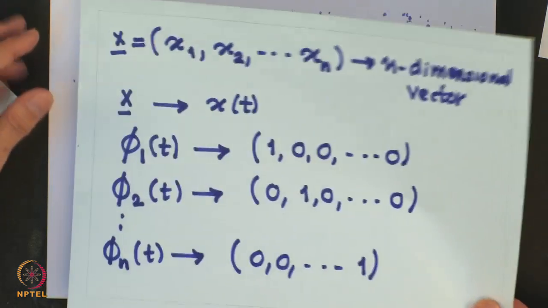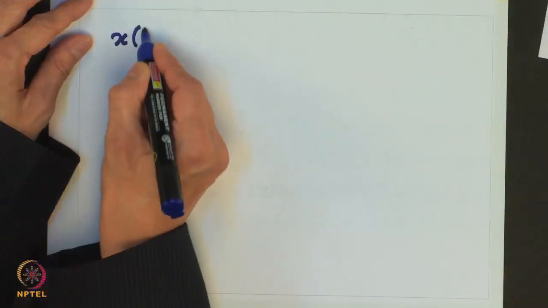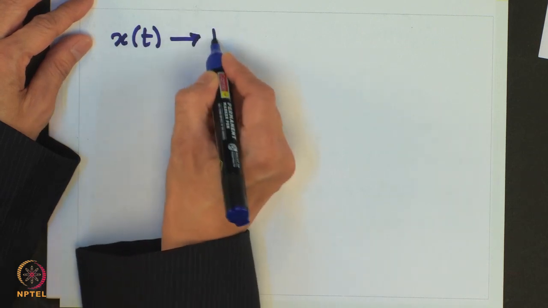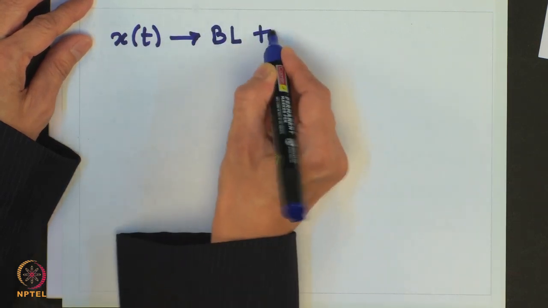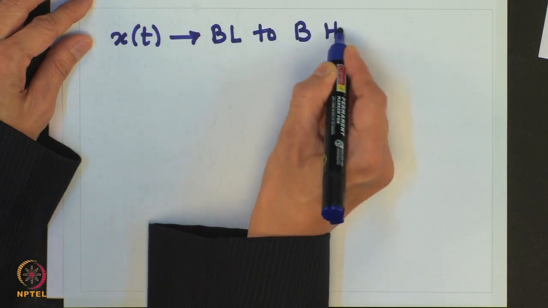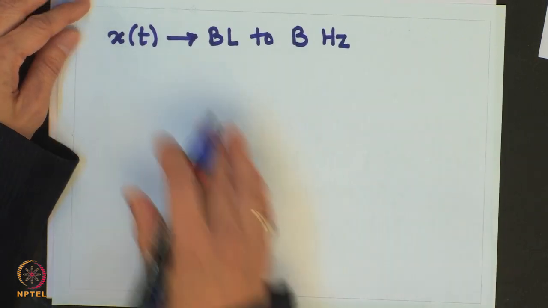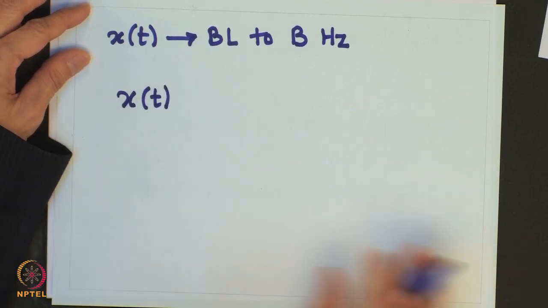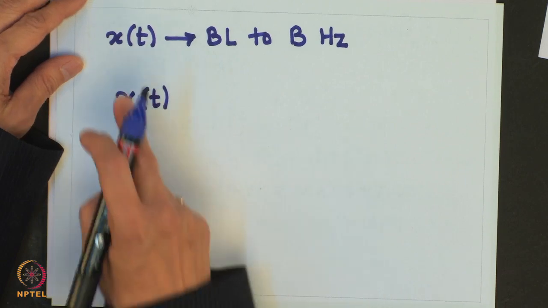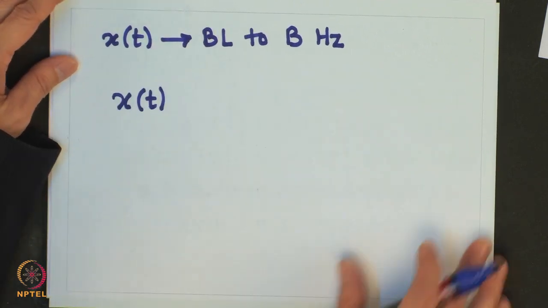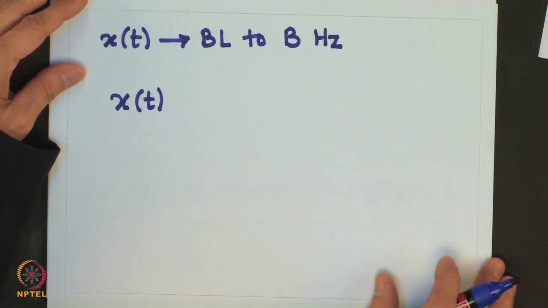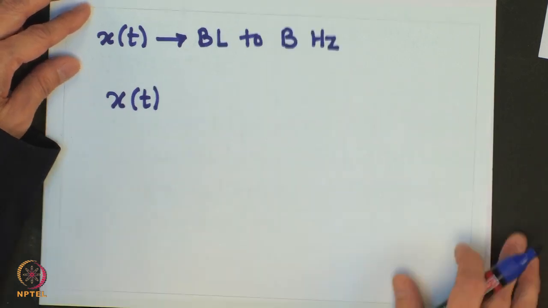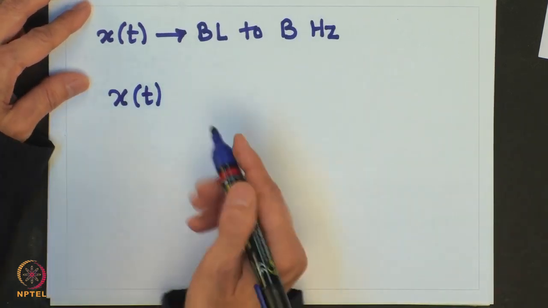Okay, fine. An example of this would be a signal x(t) which is band limited to, say, B hertz. Now, this signal can be represented by the sampled version of x(t), sampled at the rate of twice B, where B is the bandwidth of the signal.